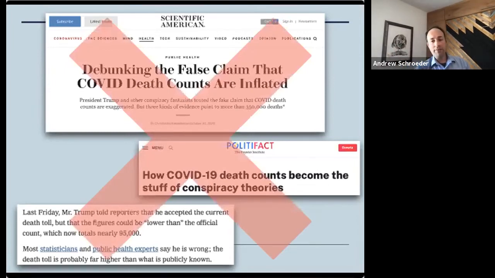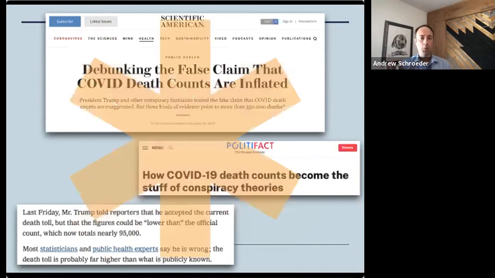Now, I don't want to leave that X up too long, so I'm going to change it to a star. And here's the reason I do want to change it to a star and not quite say that they're completely wrong. It is in fact true that a lot of the people that these articles were talking about who argued for lower numbers of death did make some claims that were just false. So they claimed, for example, that the CDC had completely changed the way it dealt with mortality in response to COVID.